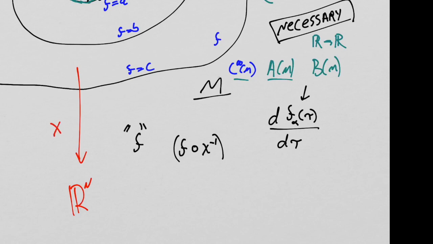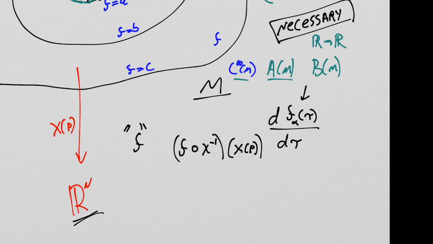This is what we're calling x of p. So f after x inverse is a function of the coordinates in Rn. So it's actually a function of x of p.